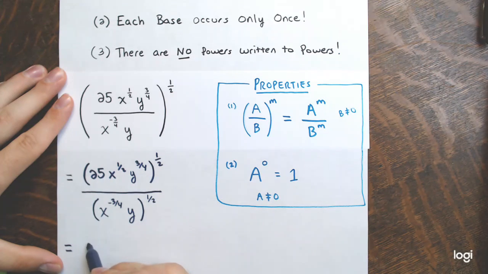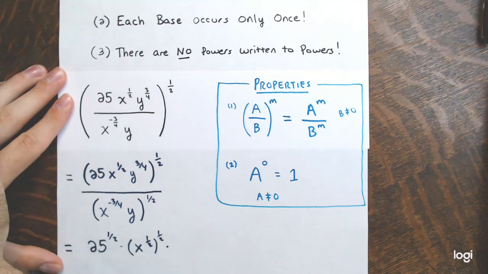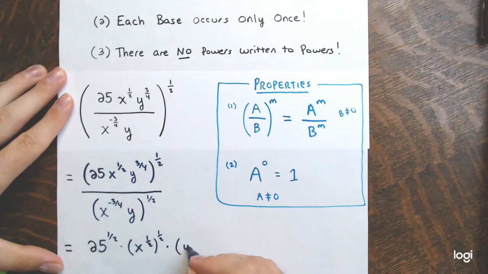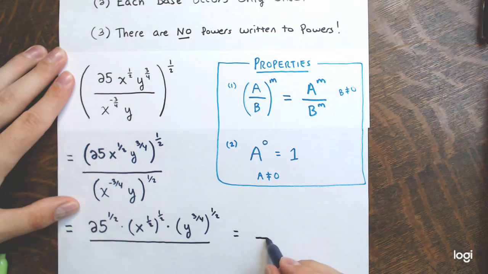So 25 raised to the half times, then x to the half raised to the half, and I put that in parentheses, that's all that factor, and that's raised to the half as well, times, and then the y to the 3/4 raised to the half. This is the numerator. And let me totally simplify that over here.